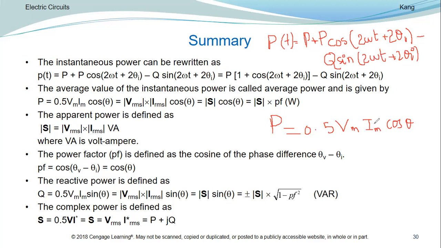The average value of instantaneous power is known as the average power, and this will be expressed with two parameters, VRMS and IRMS. So first, P equals 0.5 Vm Im cos of theta, and S equals VRMS multiplied by IRMS, in VA.